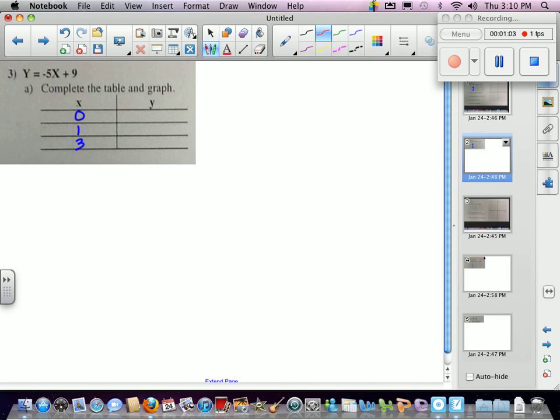So when we do this, I am asking, when x equals 0, what is the value of y?